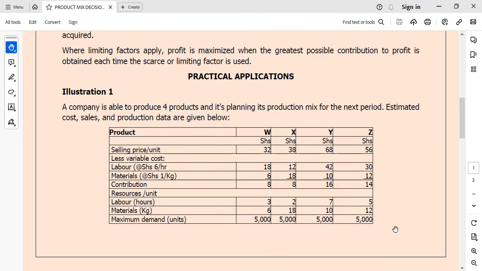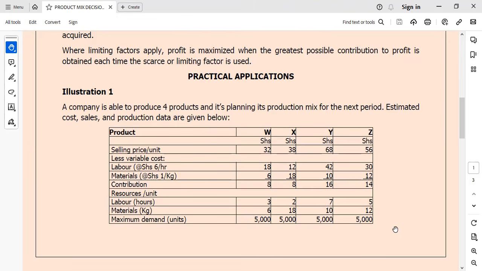Then we have materials. We have the contribution. Of course, the contribution has been computed here. Contribution is selling price minus the variable cost. Then we also have the resources per unit, where we have the labor hours required to make a unit of each product.